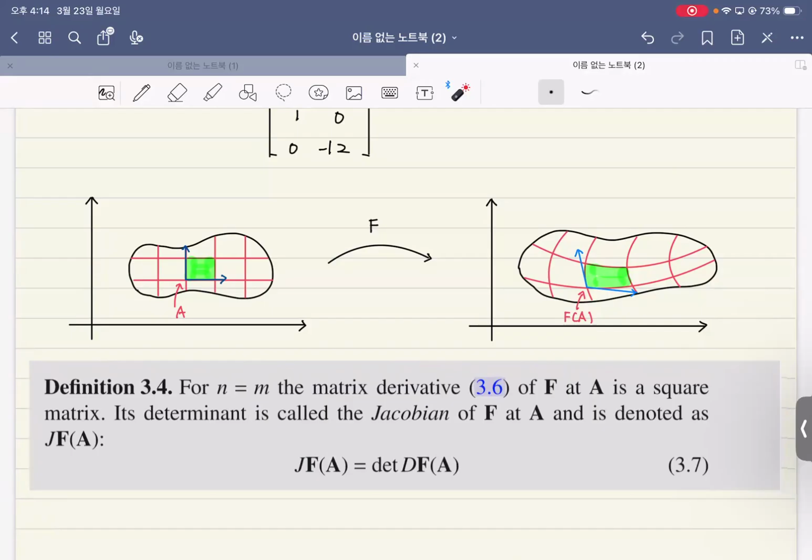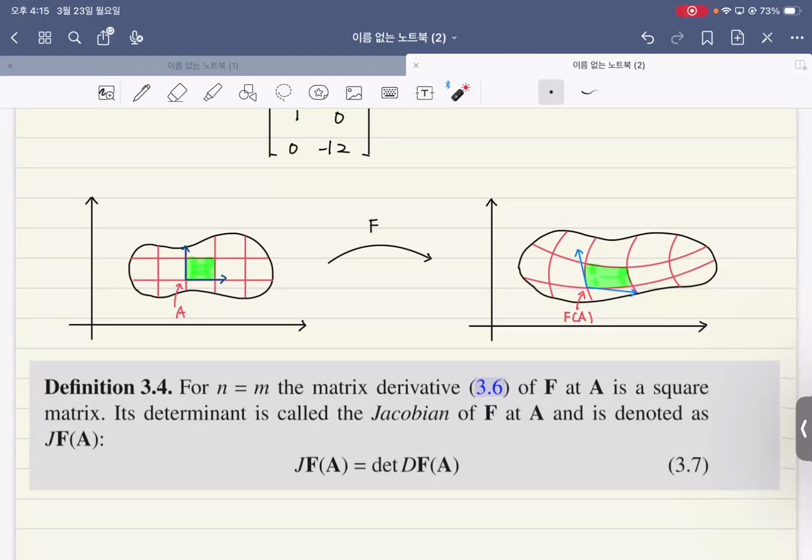Here's a very interesting notion. Now consider this very special case when n is m. In other words, the dimension of the domain and the dimension of the codomain are the same, so from n dimension to n dimension. In this very special case, we can define a number which is called the Jacobian of f.